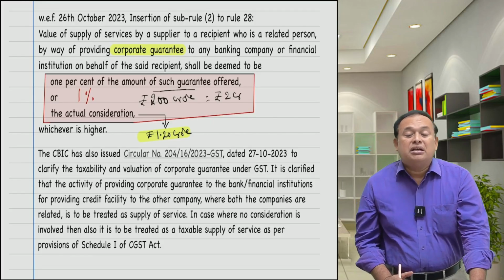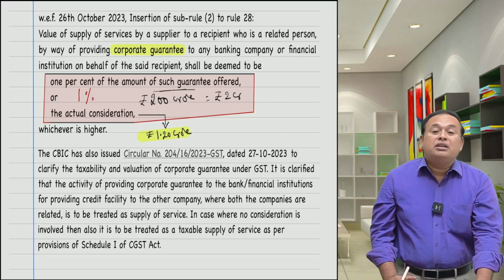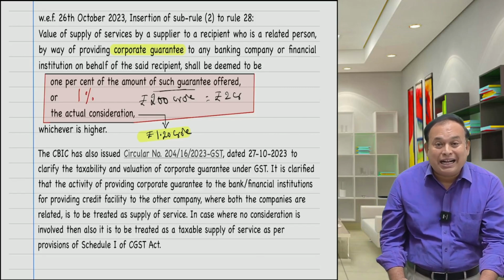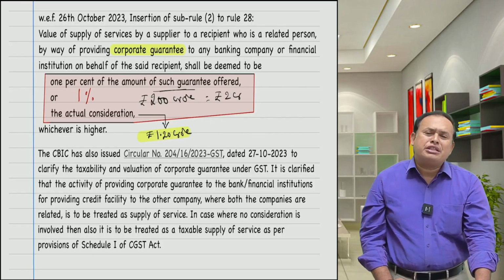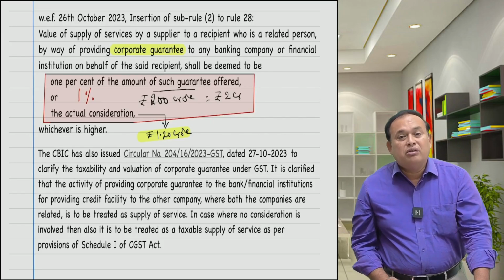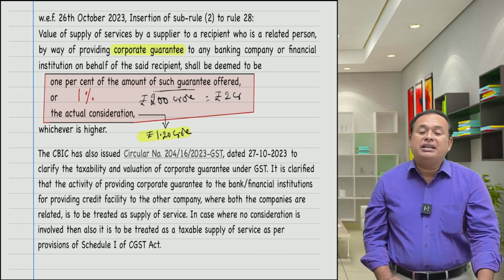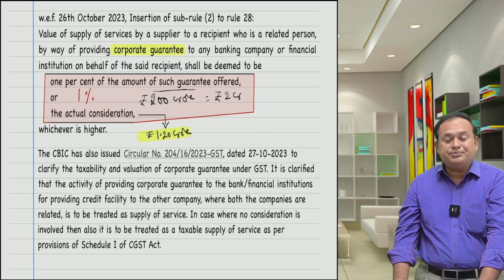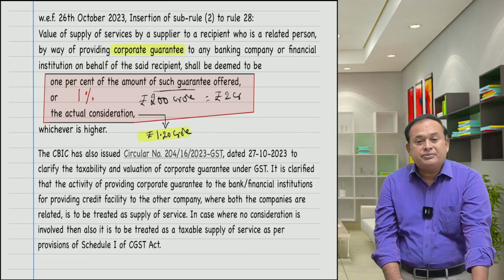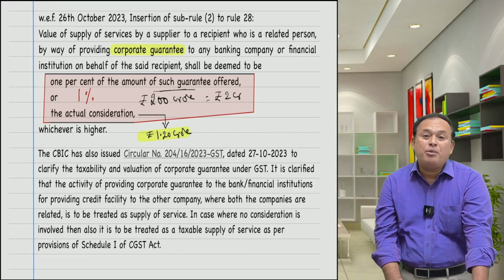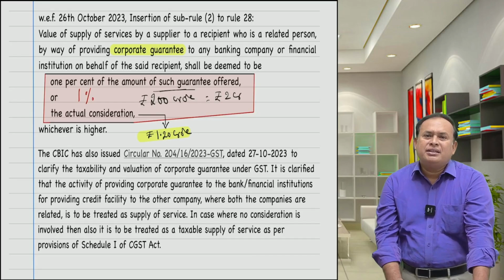In the hands of the ex-director, it is 1.2 crores actual consideration, or 1% of the guarantee amount, which is 2 crores, whichever is higher, namely 2 crores. On whom is the liability to pay GST? The ex-director, which is not reverse charge, but forward charge.